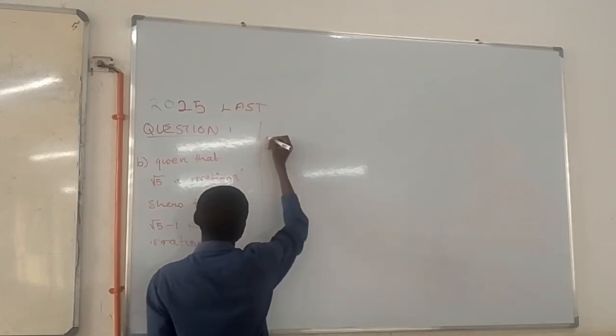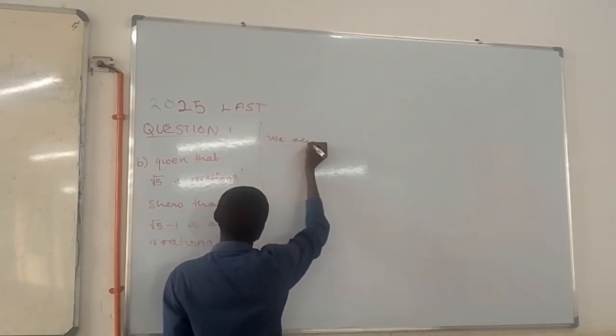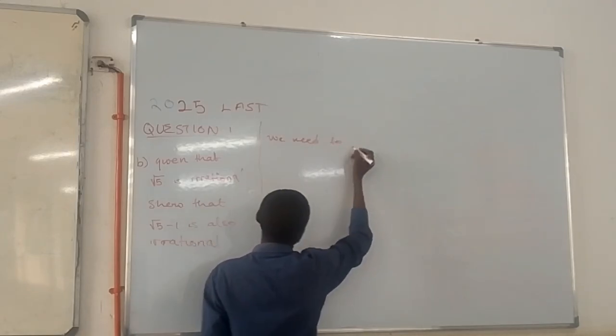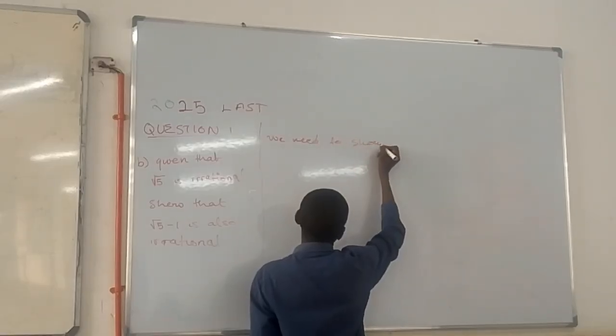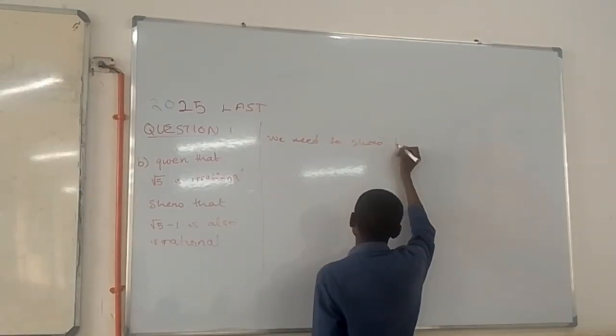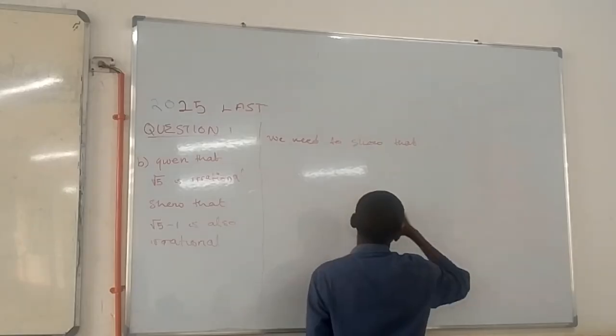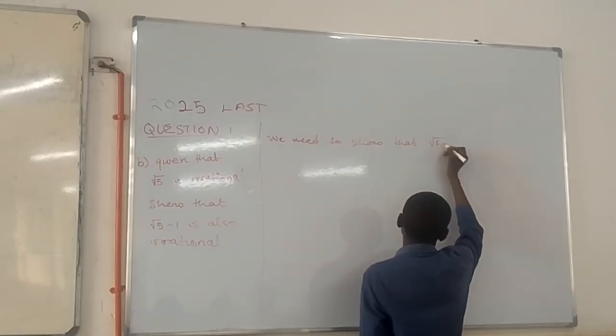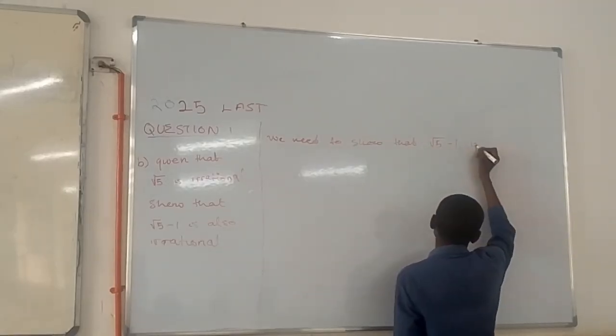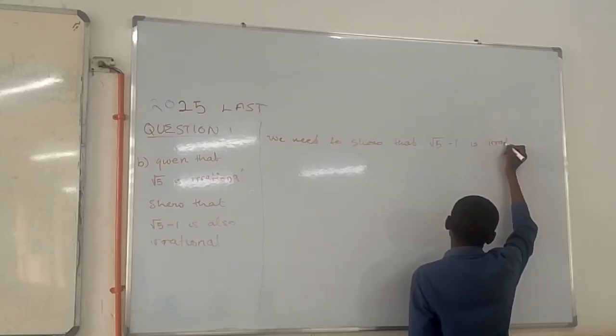We know that we need to show that root 5 minus 1 is irrational, right?